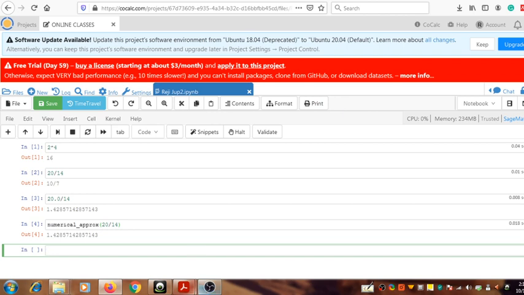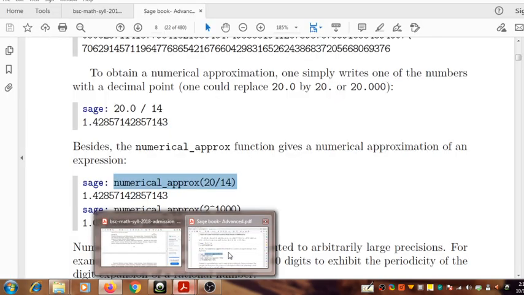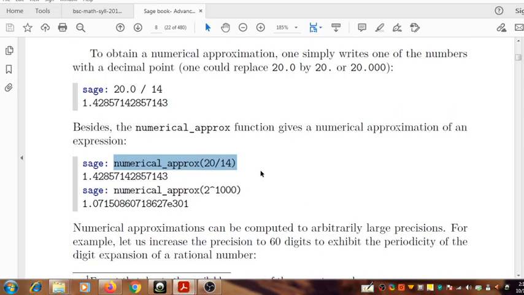Now I think you have learned the use of this function, numerical approximation. It is used to produce the approximate value of a number.